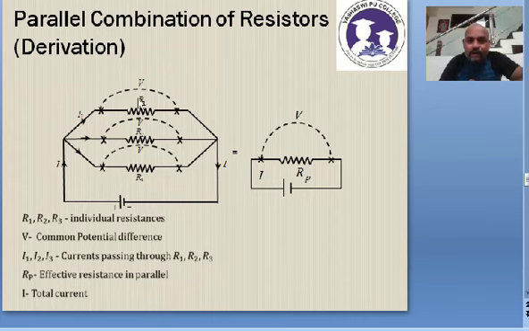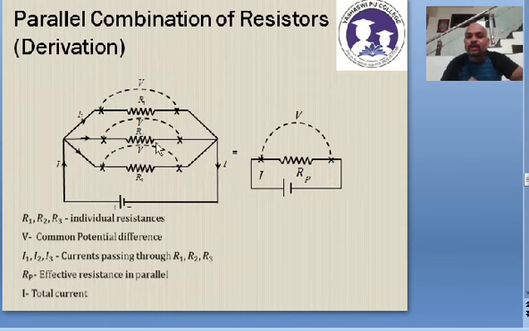Now suppose if you replace all the 3 resistors by a single resistor, effective resistor, that single effective resistor which effectively replaces all the 3 resistors in parallel is called RP. Effective resistor in parallel, equivalent resistor in parallel. That means the voltage is V and the current is I and resistance is RP.